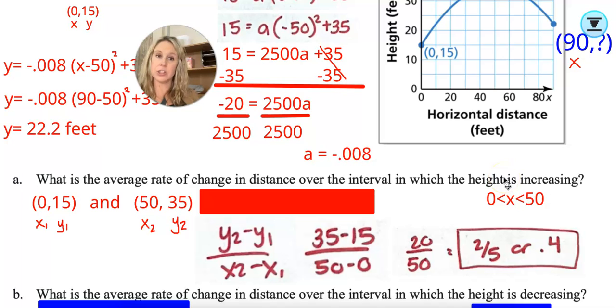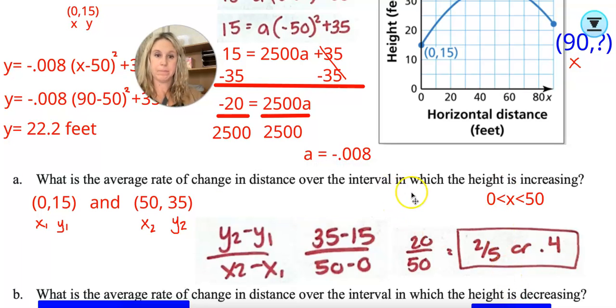But that would reduce to 2/5 or 0.4. So totally up to you what you would want to use. So the average rate of change, or the average slope, on the left side of our graph is 0.4. It's positive, it's going up, makes sense.